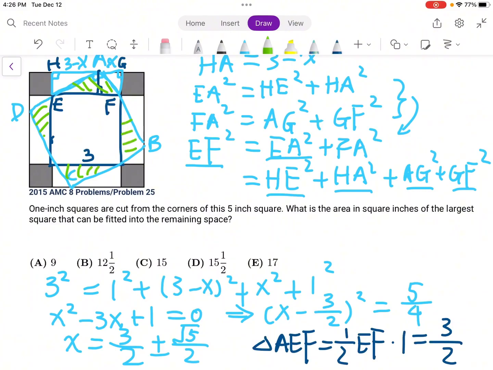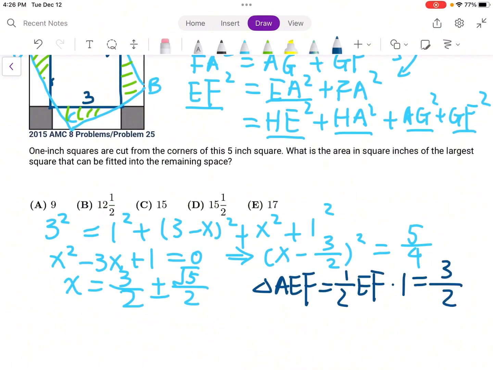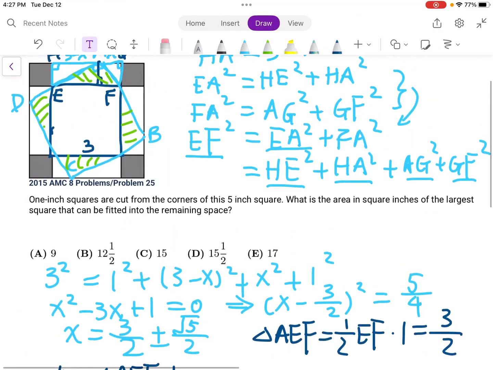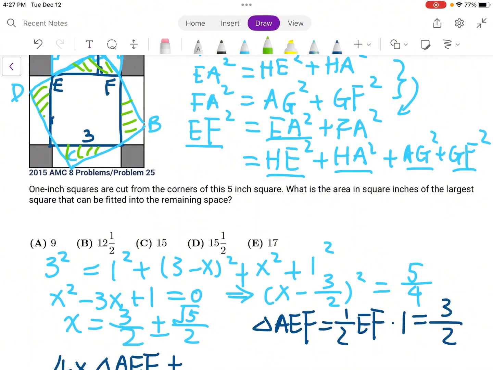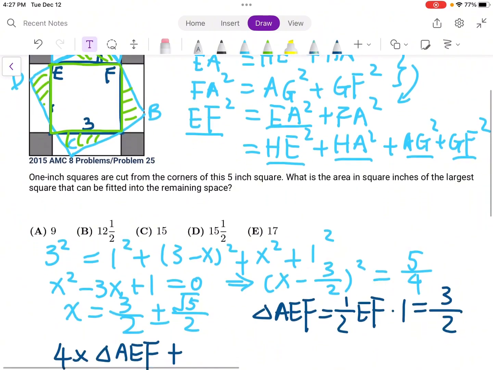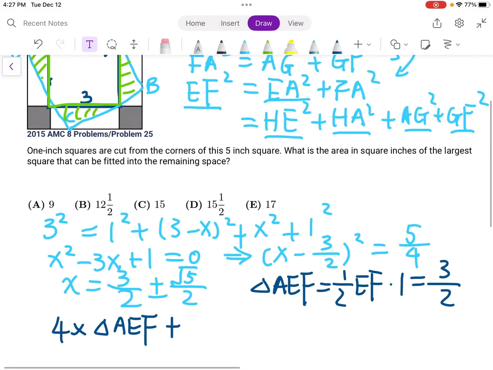And we use 4 multiplied by the area of AEF plus the area of the center square, that's 3 square.